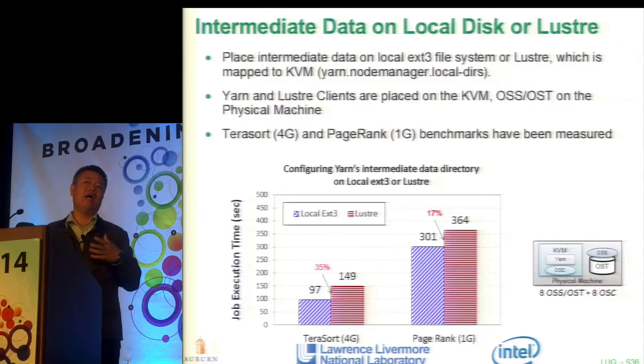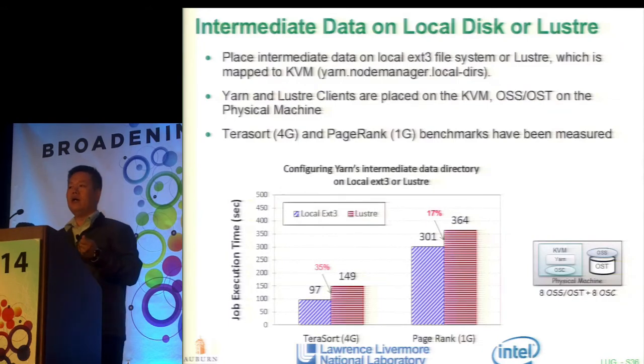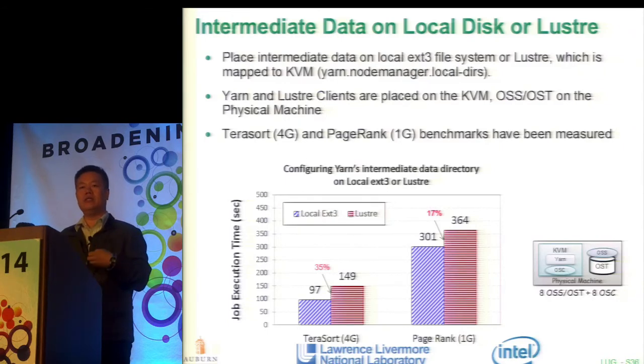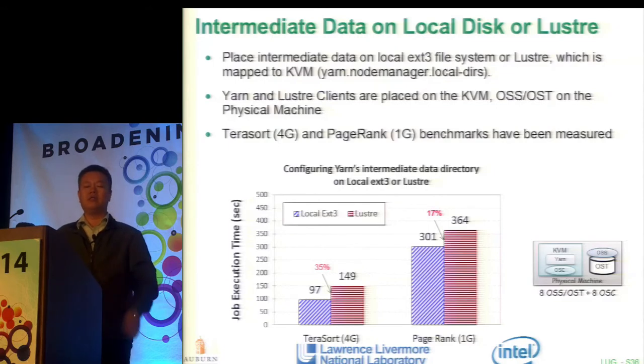Okay, so now I have shown you the use of virtual machines for analytics shipping. The next objective on my agenda is how data placement and the task scheduler would be affected. The first one is about placement of intermediate data.